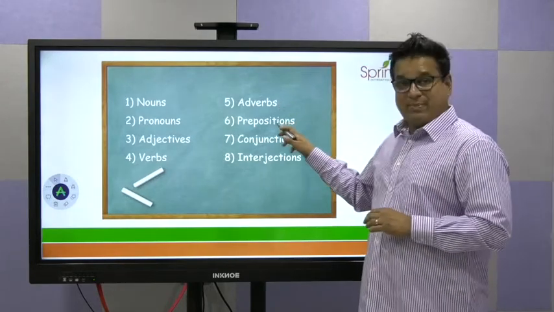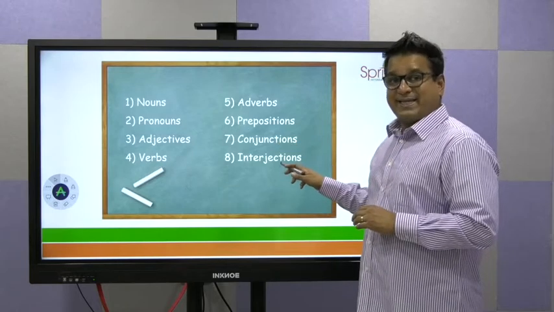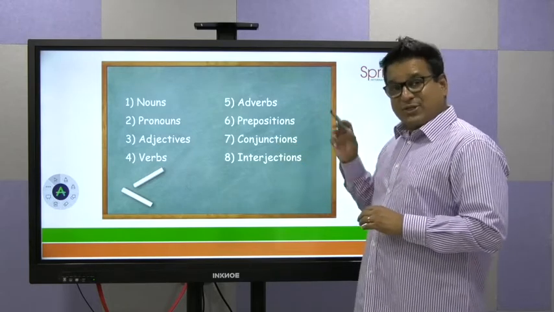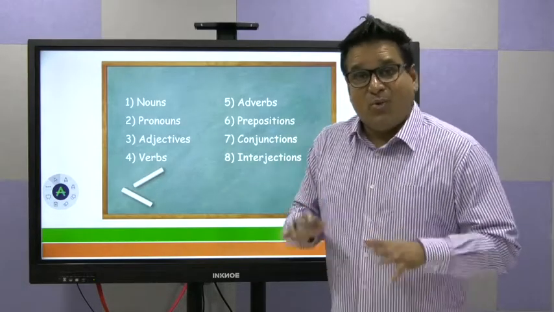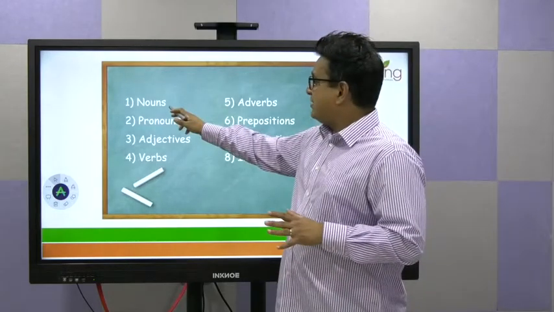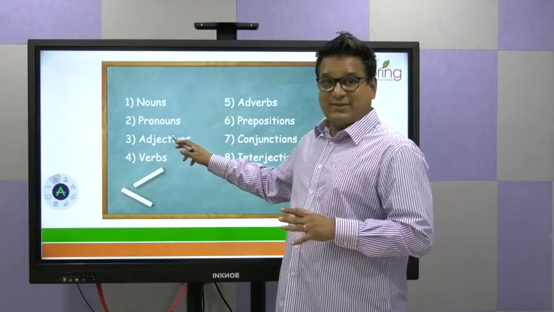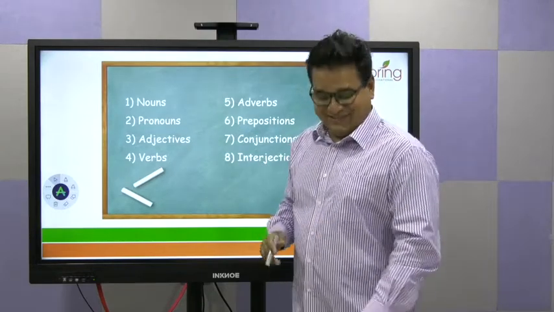Number 6, prepositions. Number 7, conjunctions. And number 8, interjections. Today, we're not going to go through all these 8 parts of speech. We're only going to go through the first 3. From nouns to pronouns to adjectives. Okay? Ready to start? Excellent.